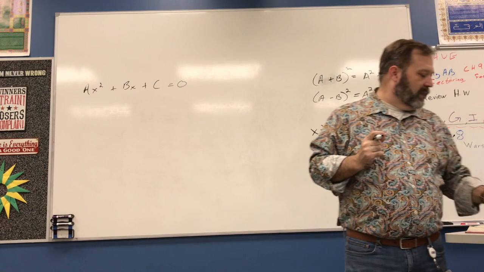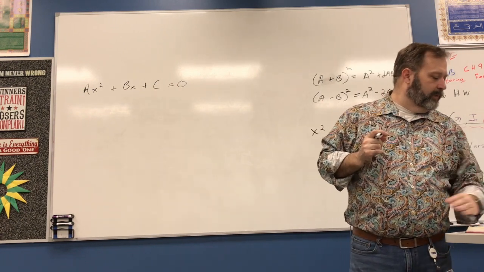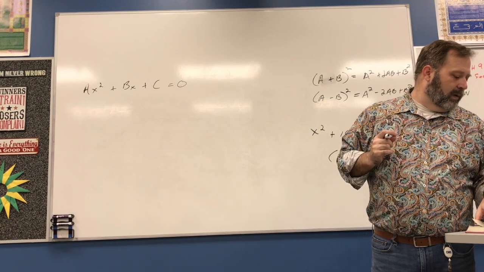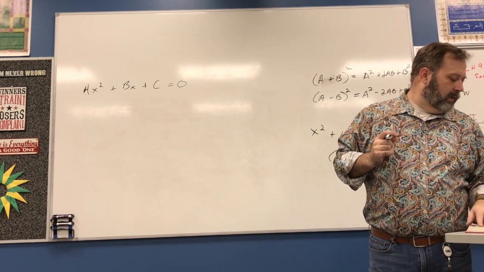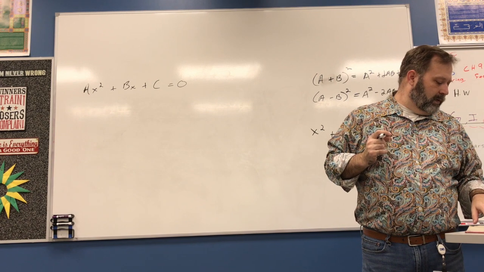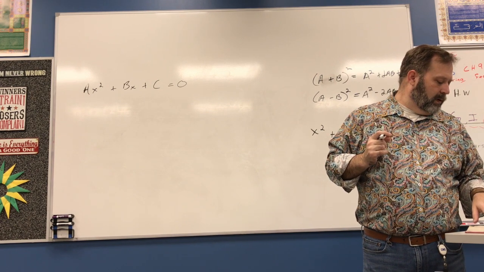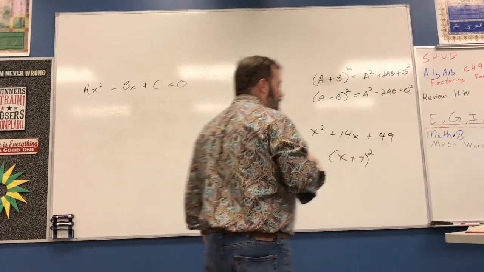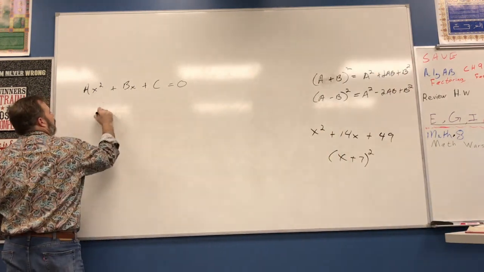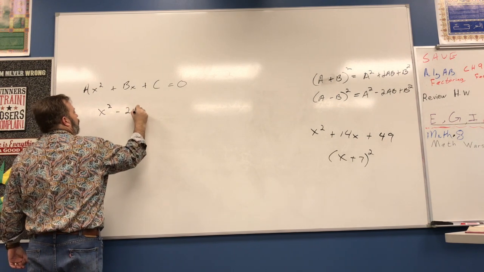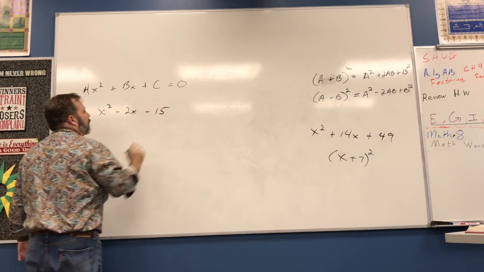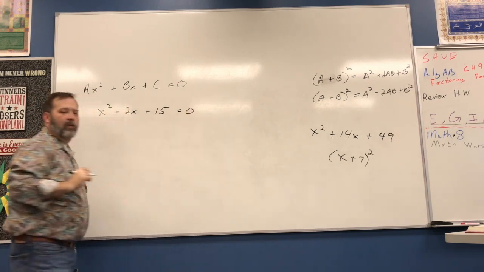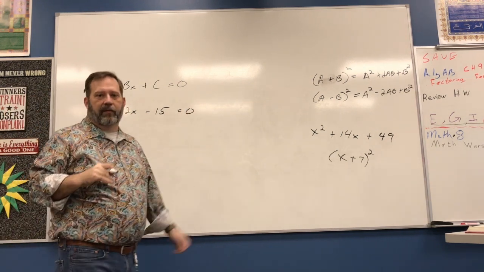Let me throw a completing the square problem up here, and let's see what we can do with it. All right, so let's take a look at x squared minus 2x minus 15. I'm going to set it equal to 0 because I'm still intending on solving this.